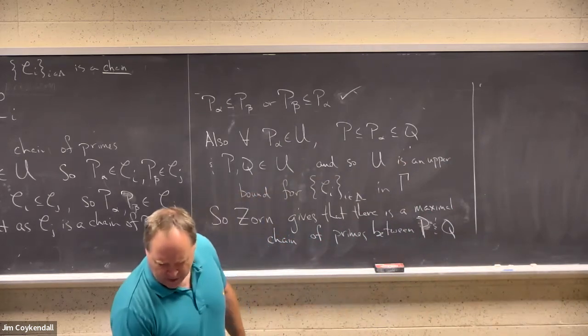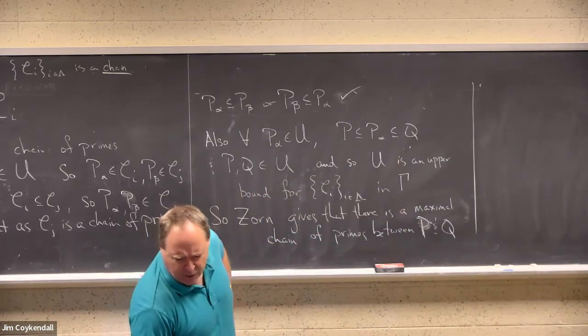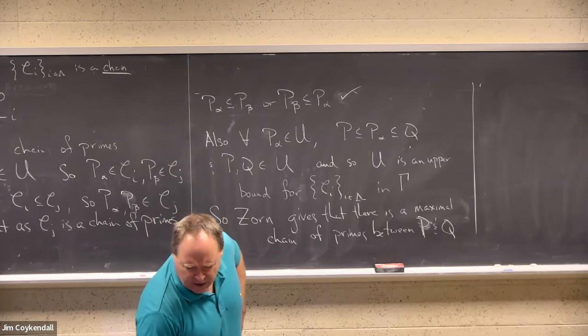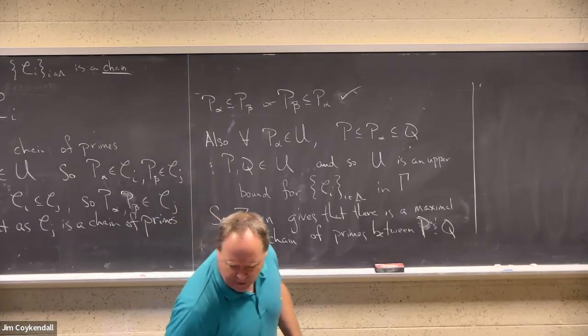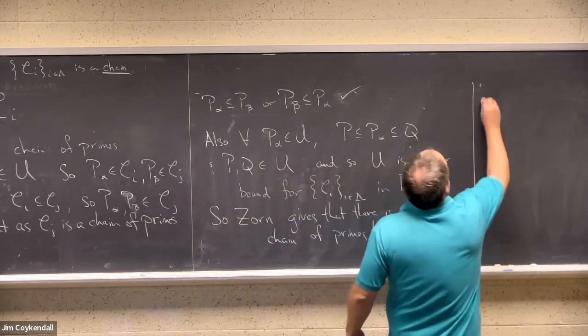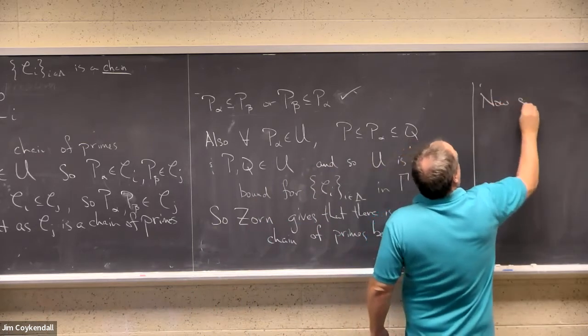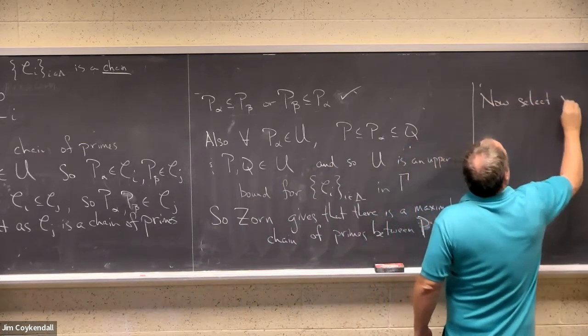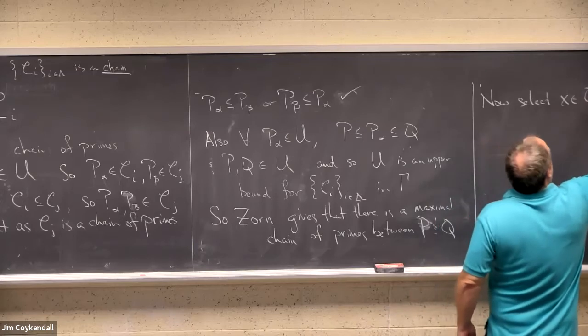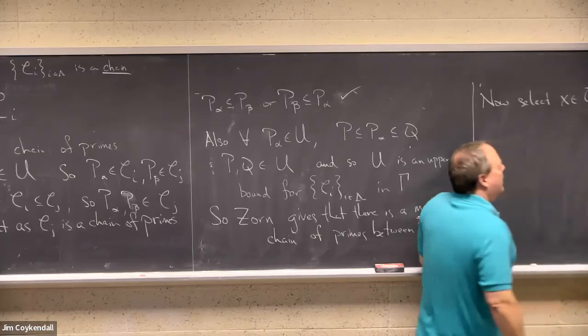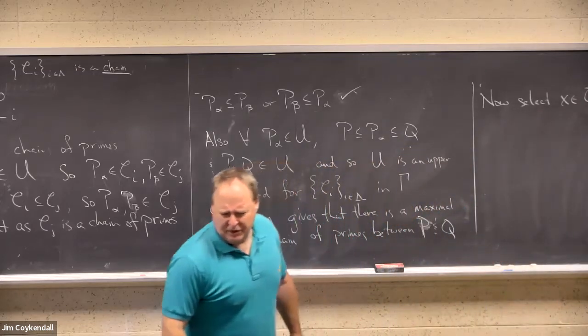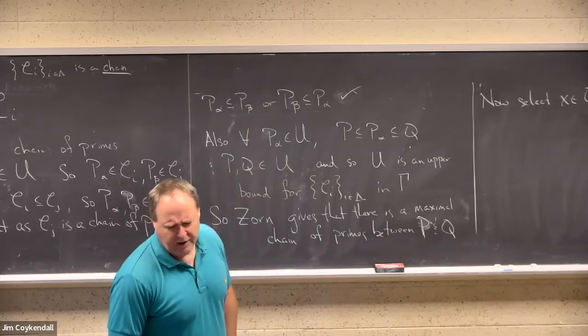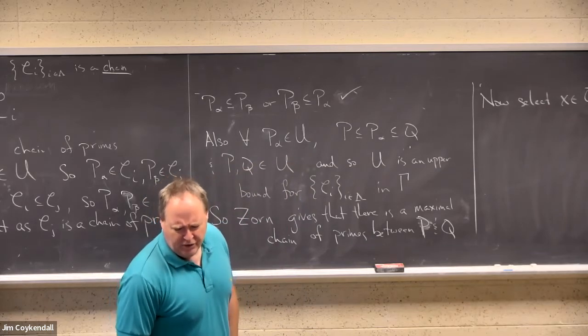Okay, so now what do we have? We've got this maximal chain between P and Q. And so I am going to pick first X in Q, non-trivial. So I'm going to pick X in the big prime that's not in the small prime. I can do this because I assume that P and Q are distinct.